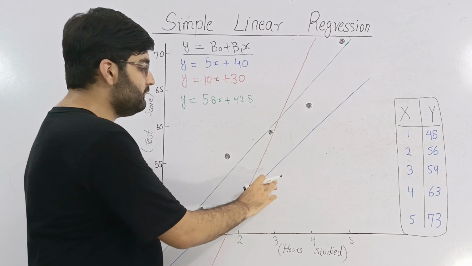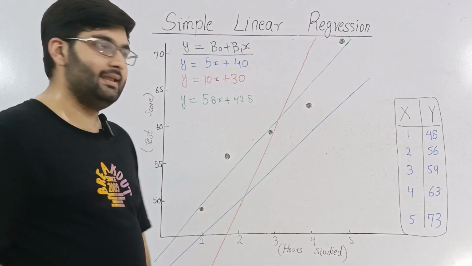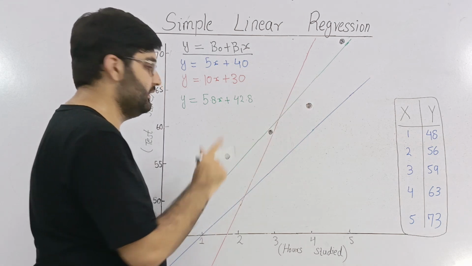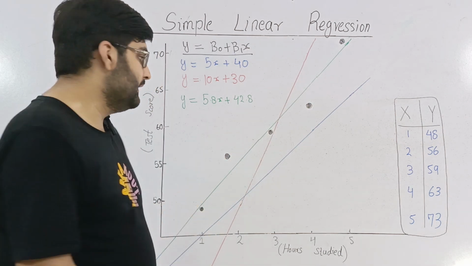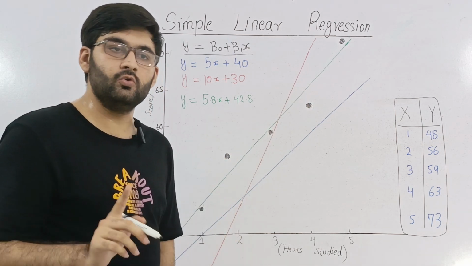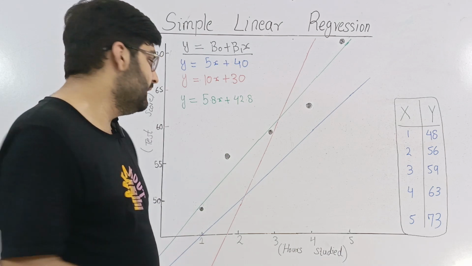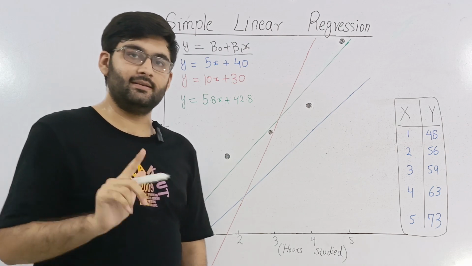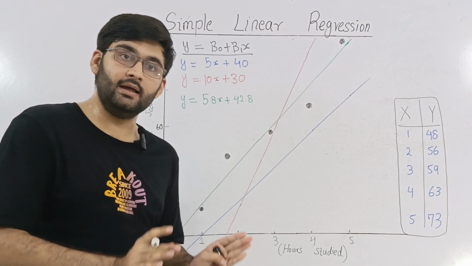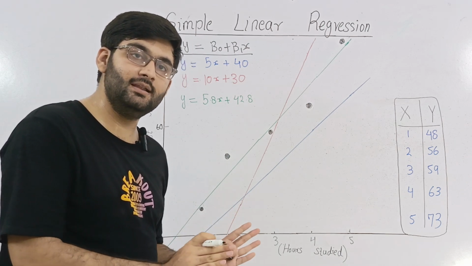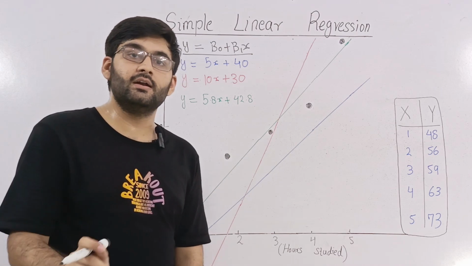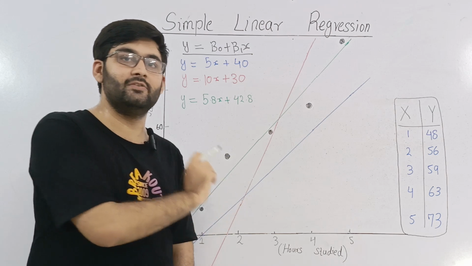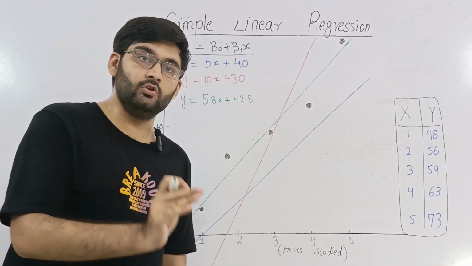From the plots, we can see that the blue line is far away from the data points, so it is not a good fit. The red line is close to only one point, whereas the green line is close to all points. In fact, because the green line was obtained through simple linear regression, it is the closest possible line to all the data points in the data set. A better line is not possible.